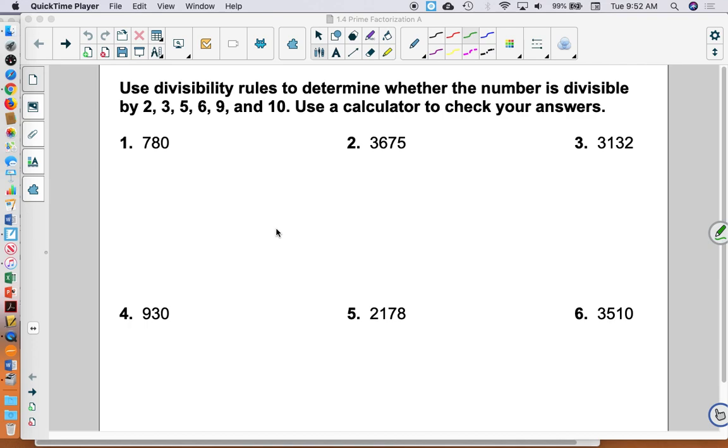Now, if I look at number 1 up here, the number 780, it says here, by instruction, use divisibility rules to determine whether the number is divisible by 2, 3, 5, 6, 9, and 10. Use a calculator to check your answers.